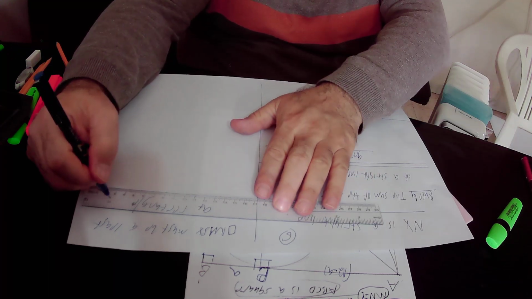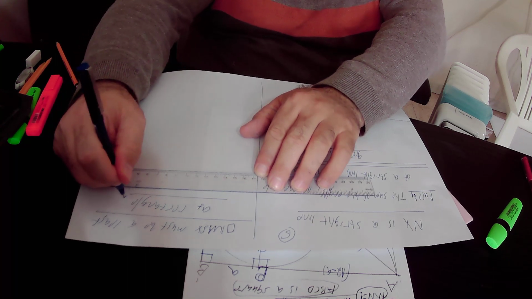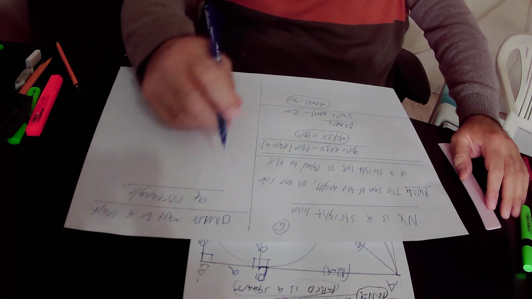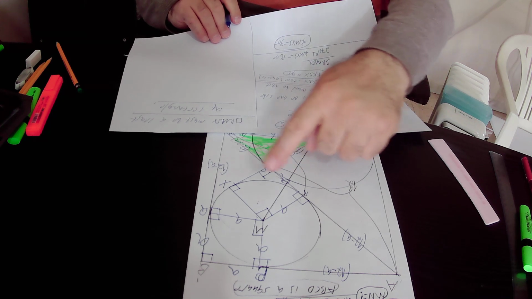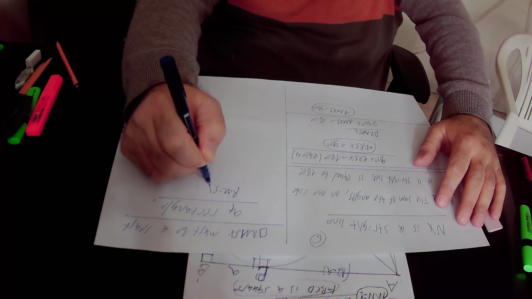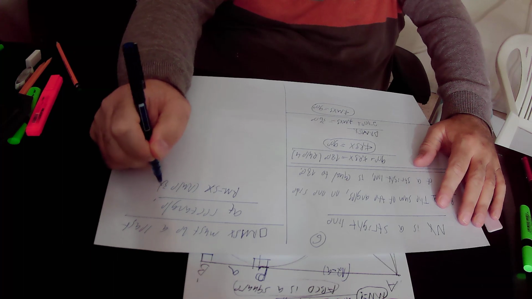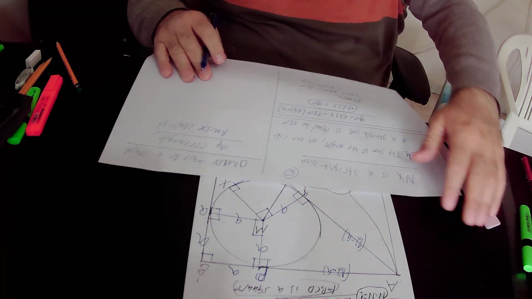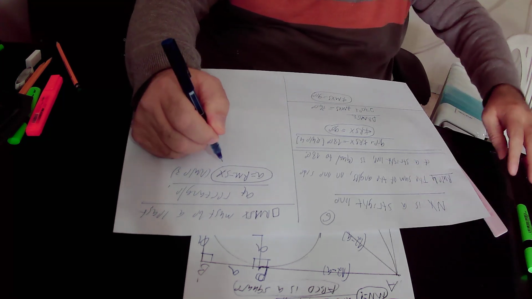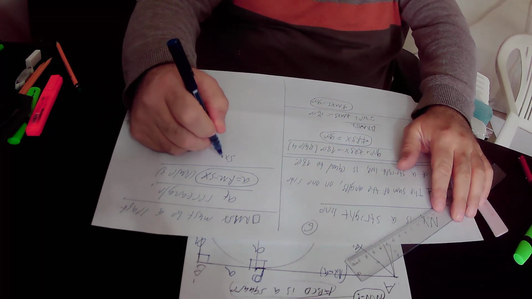Quadrilateral RMSX must be at least a rectangle because it has 4 right angles, and we know that the opposite sides of a rectangle are equal to each other according to rule number 3. So here RM must be equal to SX according to rule number 3. But we have already found out that RM equals A, it is the radius of the circle. So from this equation, A equals RM equals SX, we derive that SX is also equal to A.